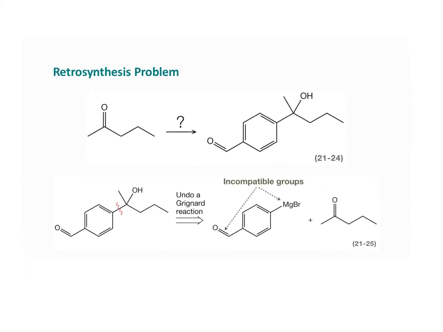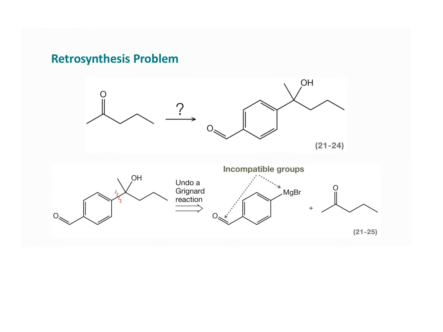So let's look at a retrosynthetic problem. To see how a protecting group might be used, I want us to propose a way to carry out the synthesis of equation 21.24 here. When we look at this, we are going to need a carbon-carbon bond forming reaction, right? Notice also the product has an OH group, characteristic of an alcohol.